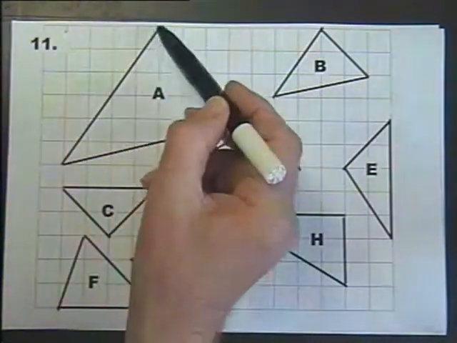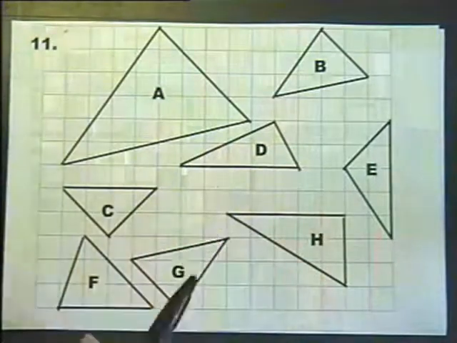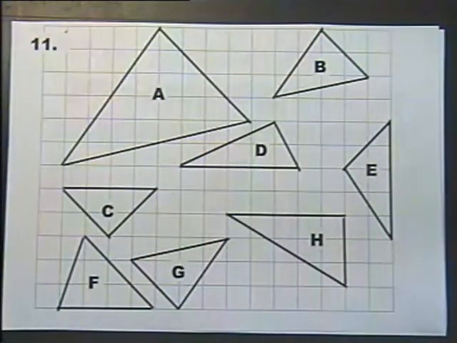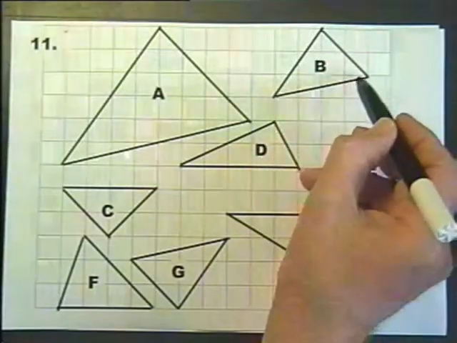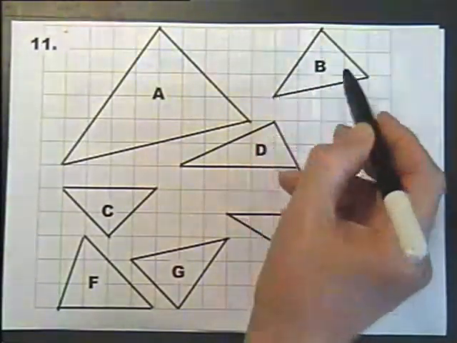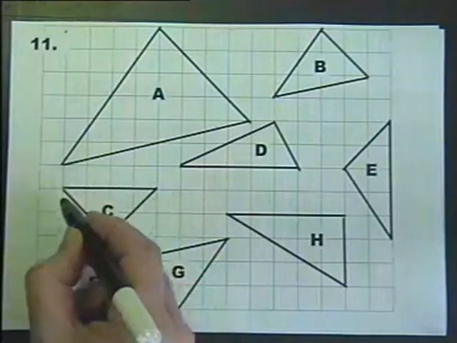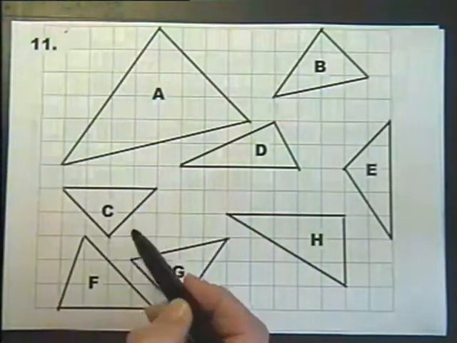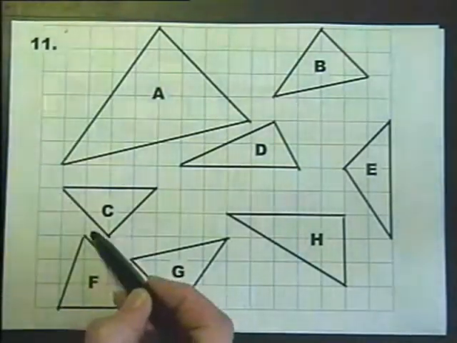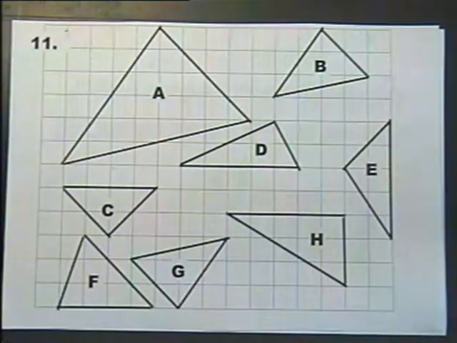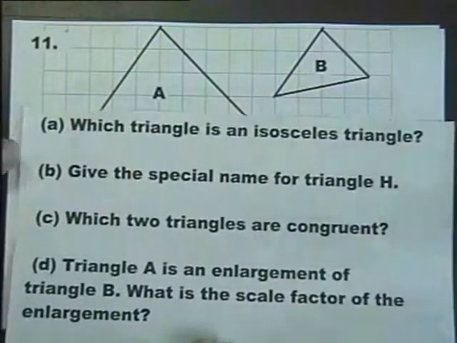So that line's not the same length as that. Or you could use a ruler. This looks like it's isosceles, but if you measured those two lines, they're not the same length. It's actually this one here. This is definitely going 2, 2, and this is going 2, 2. So the isosceles triangle, the triangle with two equal sides, is C.